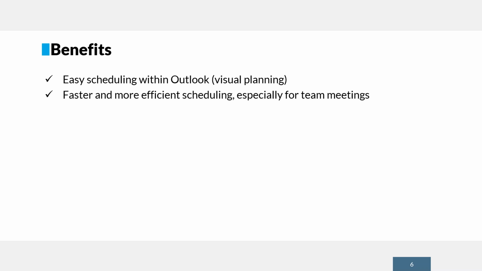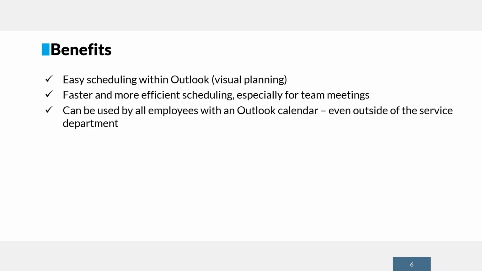That leads to faster and more efficient scheduling, which is especially helpful when you have team meetings, when you have meetings beyond department borders, for instance, or when you need to find a perfect time slot for a meeting with a lot of technicians where you don't want to check every single technician's availability.